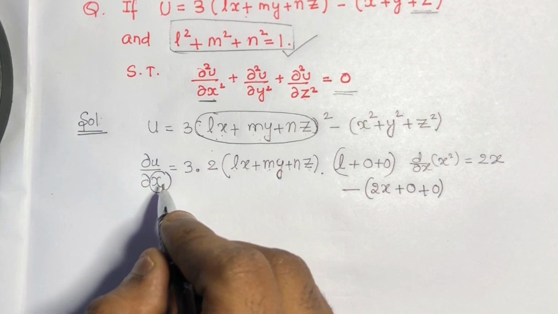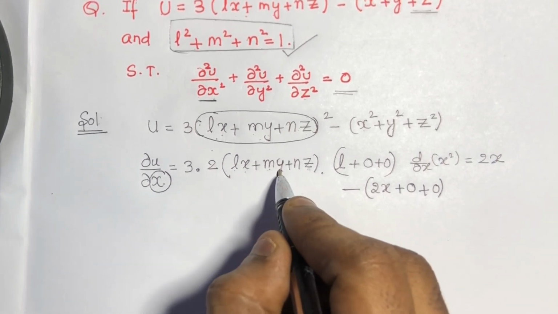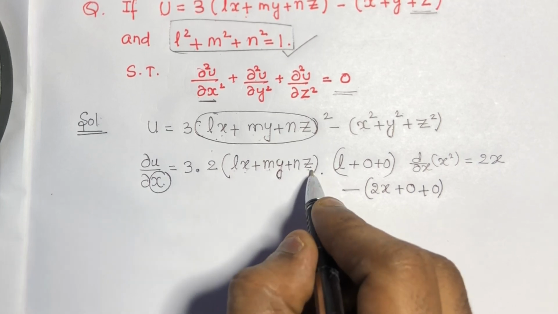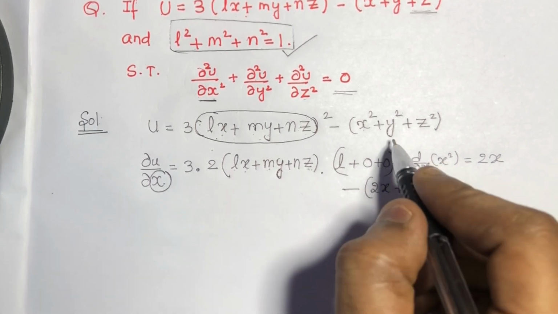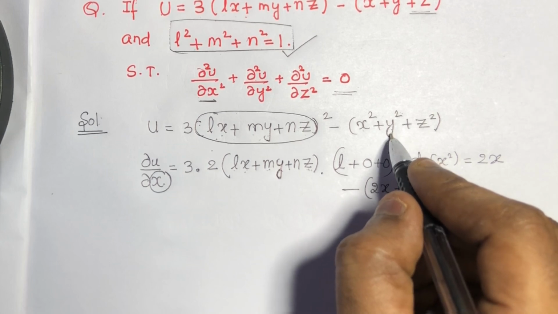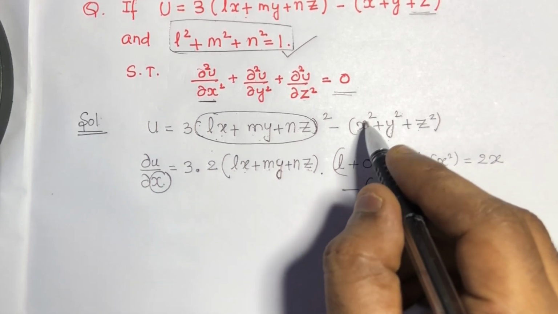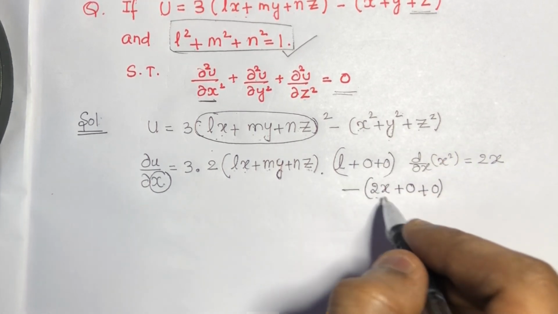Whenever you are partially differentiating with respect to x, treat the other variables like y, z as constants. Partial differentiation of a constant is 0, and partial differentiation of x square is 2x.